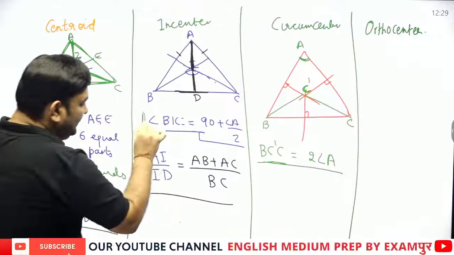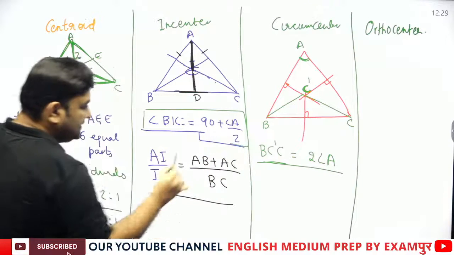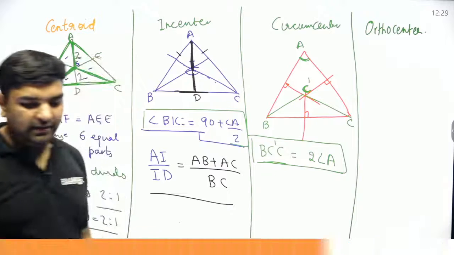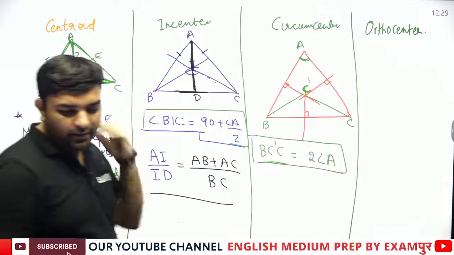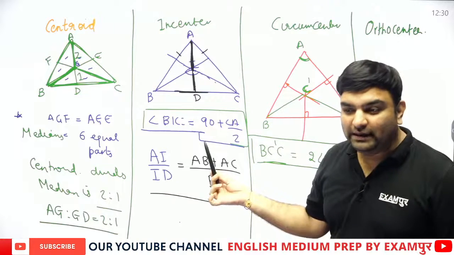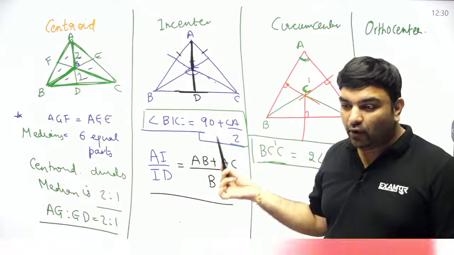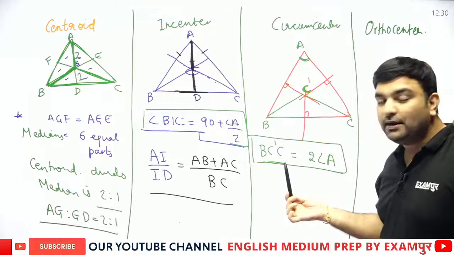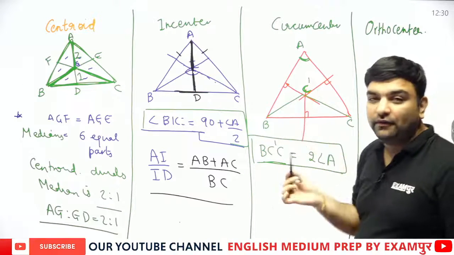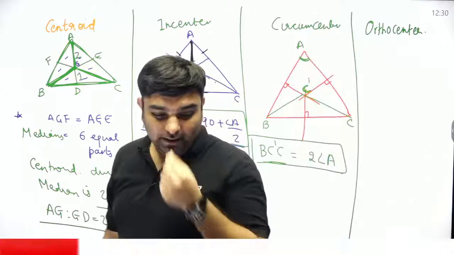So one probability is 90 plus A by 2 for incenter. Another probability is twice of A for circumcenter.